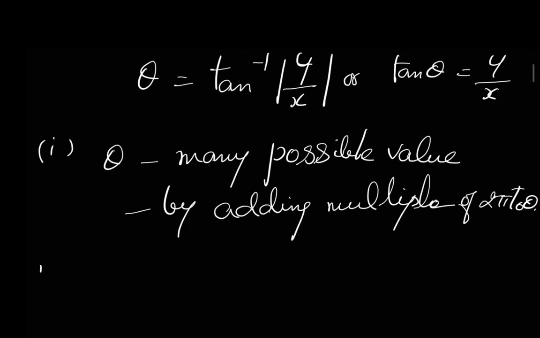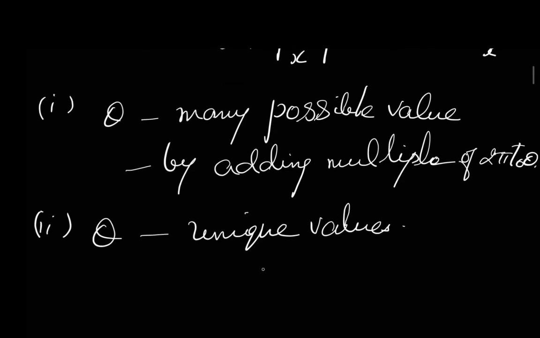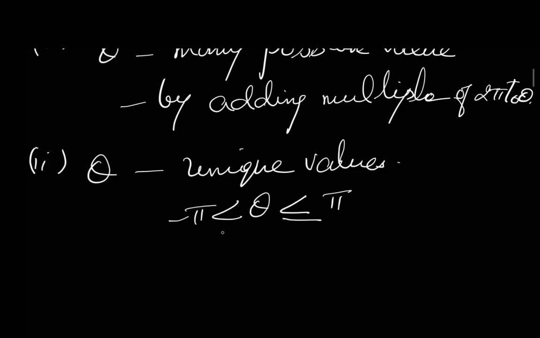In the second case, this theta has unique values. That is, this theta ranges in the interval minus pi strictly less than theta, less than or equal to pi.